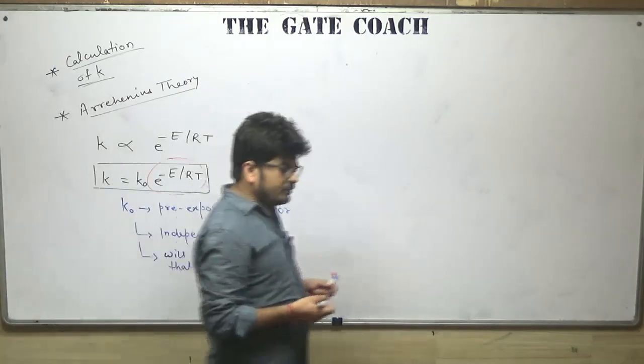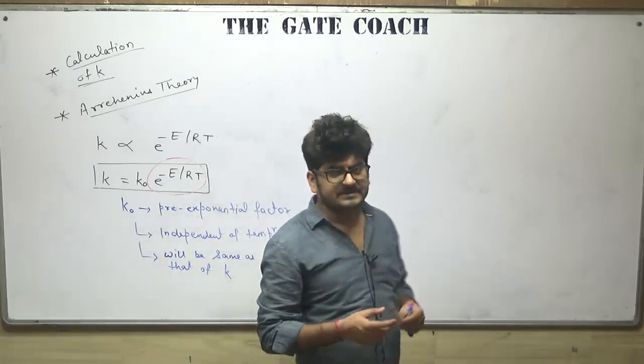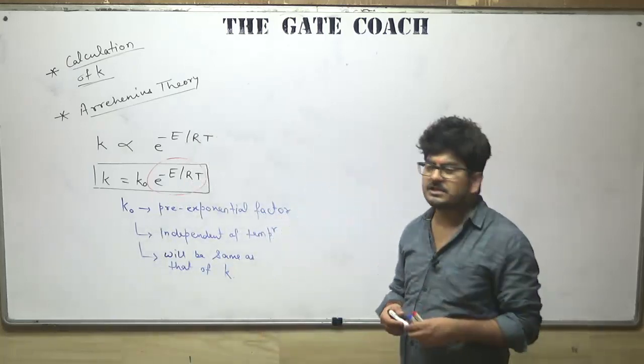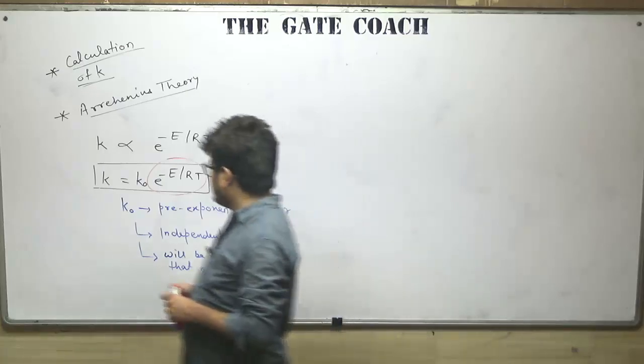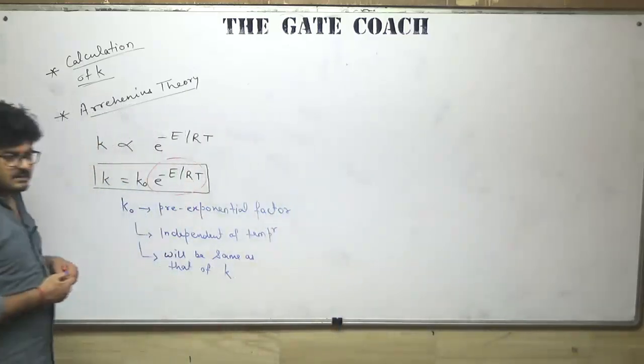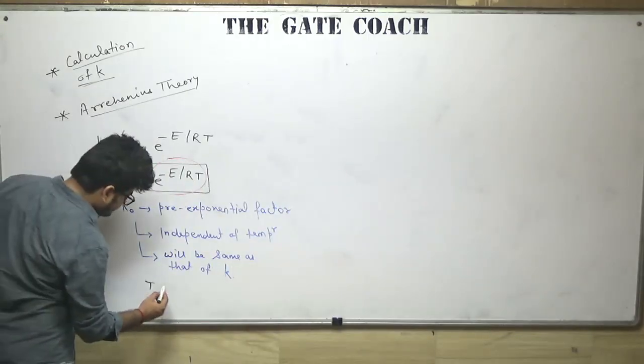E, R, T. So I hope all of you know what is R. R is basically known as universal gas constant. T is the absolute temperature.